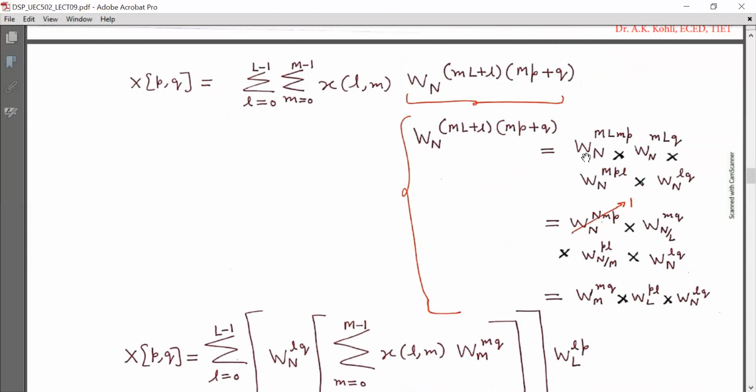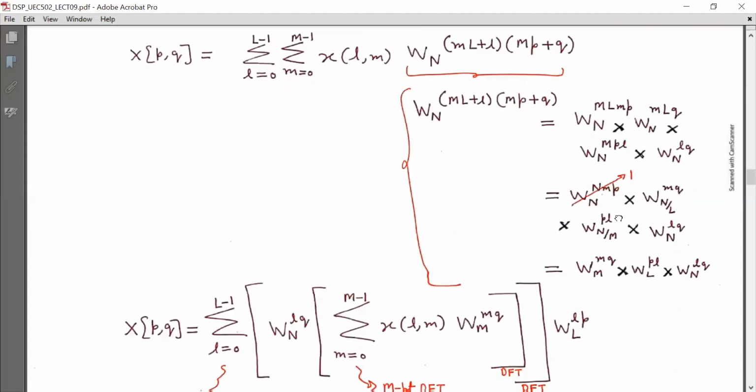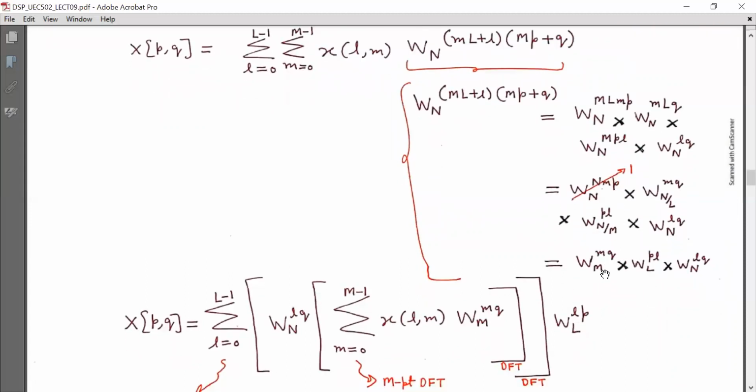Now we will find that W raised to power MlMp is actually equal to 1, because m and p are also integer values. So there are three terms: W raised to power mq with base M, W raised to power pl with base L, and W raised to power lq with base N.